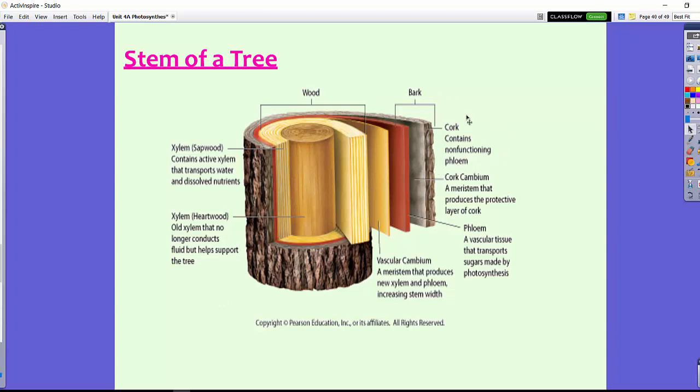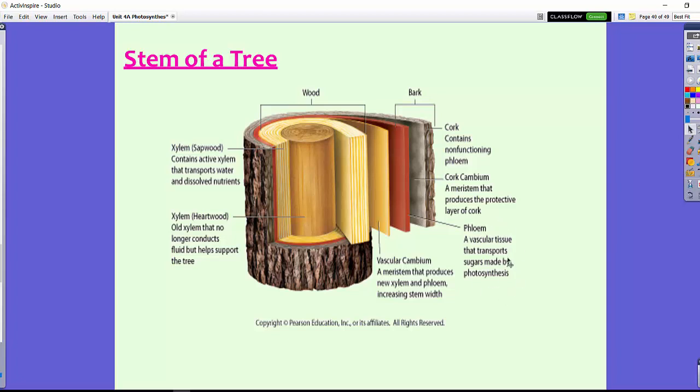We also have cork, and we have cork cambium, and we have phloem. These make up the bark. When we're looking at the outside of a tree, we see bark a lot of times and we want to peel it off. But this is actually very important because you can tap into the phloem of a tree if you go too deep.